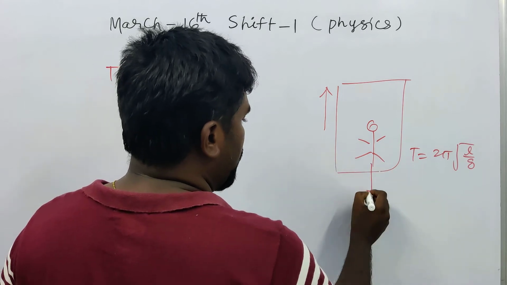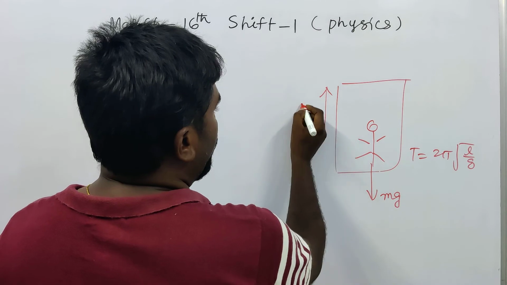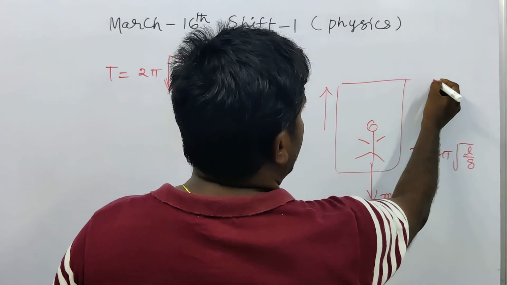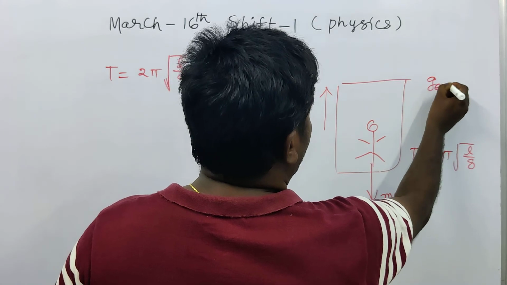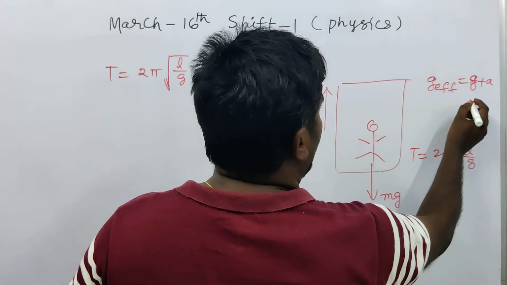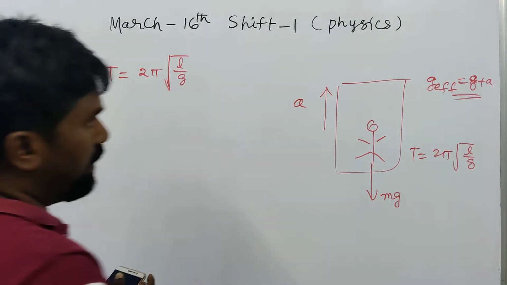So the lift is moving in the upward direction with acceleration a, then the effective acceleration due to gravity should be g plus a. The pseudo force will add up here.